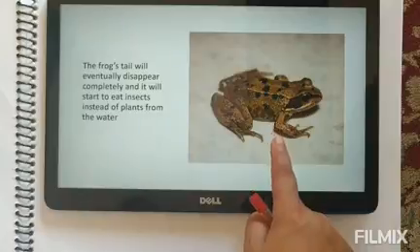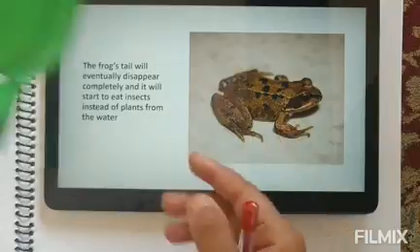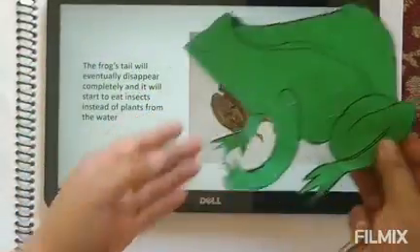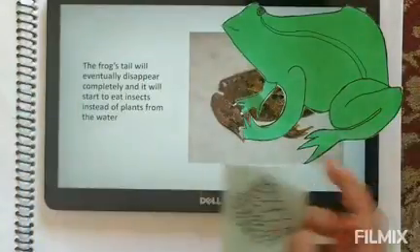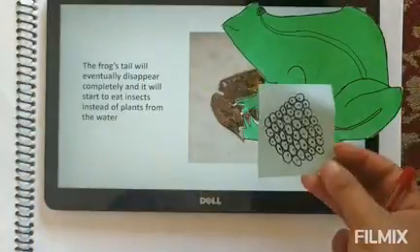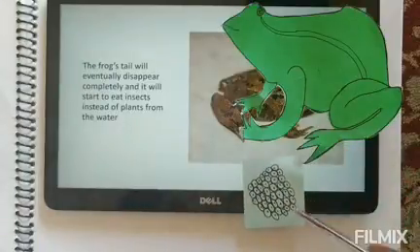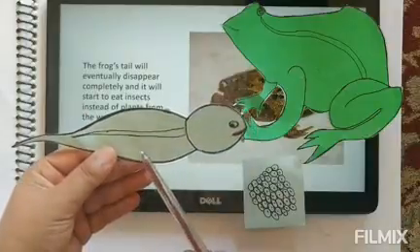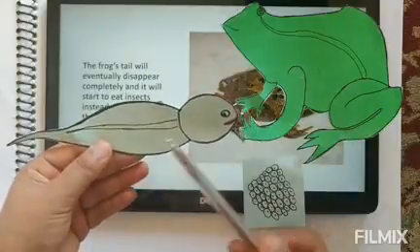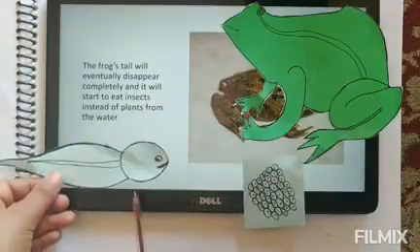And what do frogs eat? Do they eat plants or do they eat insects? They eat plants. So this is the adult frog or the mother frog. She will lay her eggs, and these eggs are called egg spawn. Yes, the eggs hatch into tadpoles. Yes, the baby frogs are called tadpoles. Then what will happen?